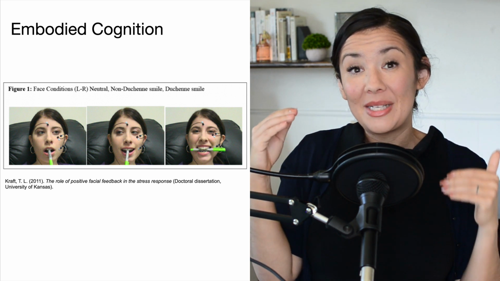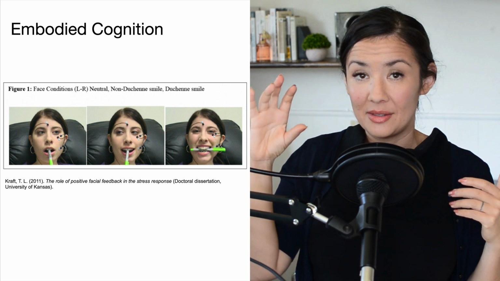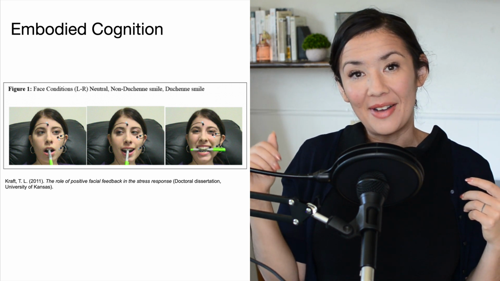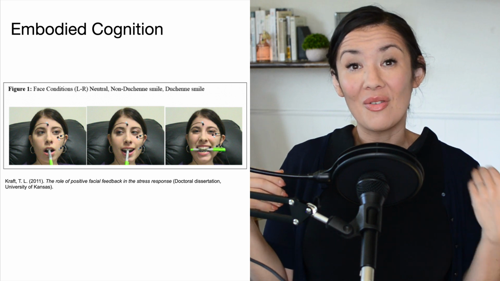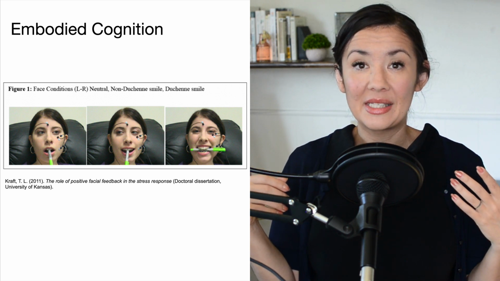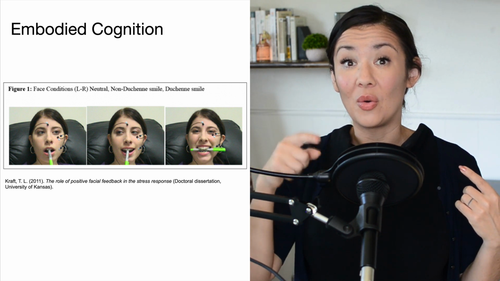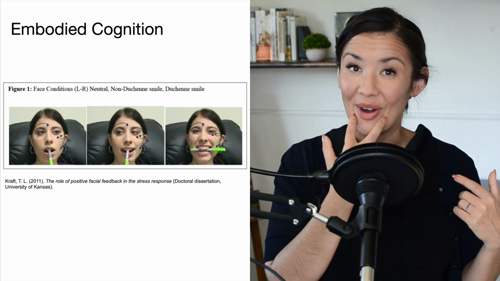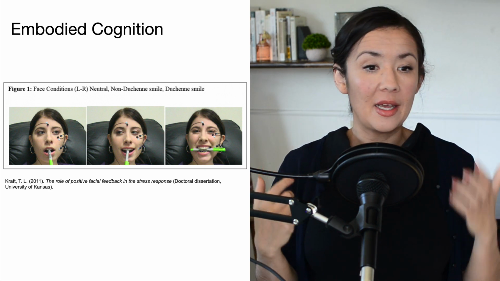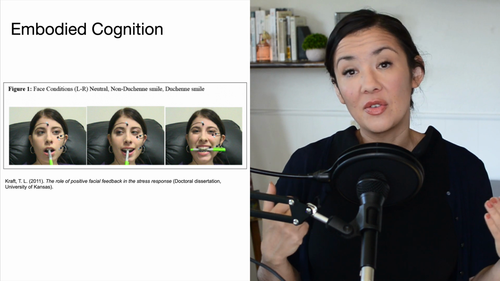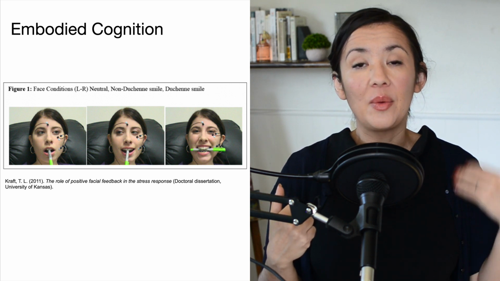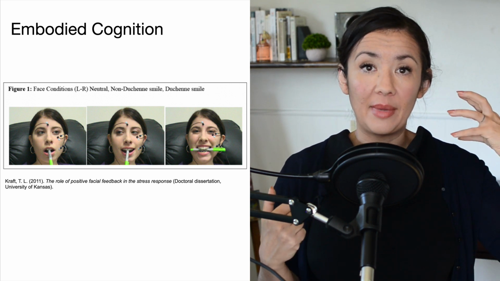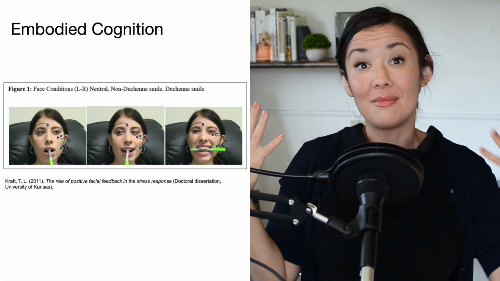And participants that have to do that manipulation find comics to be more funny than participants that have to hold the pencil in their mouth forward, which activates muscles for frowning. So this is to say that we get information from our body that influences how we perceive the world and how we make connections in our mind.